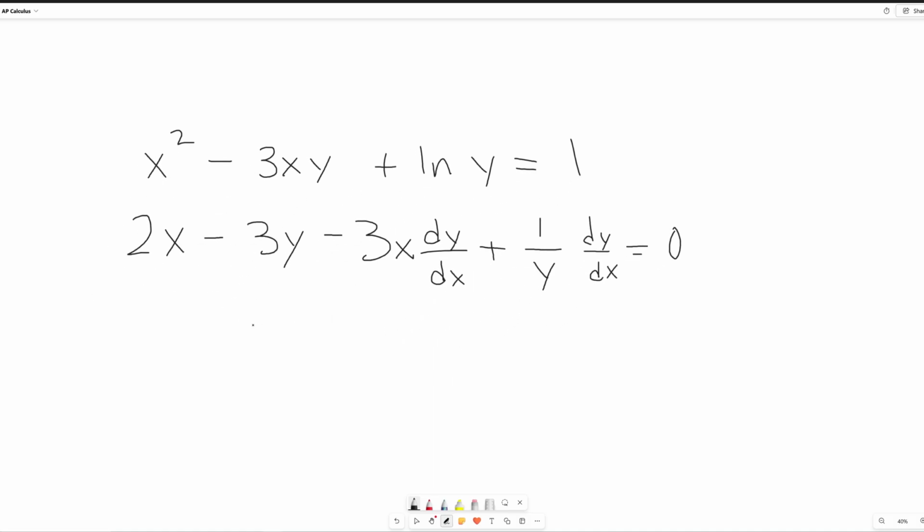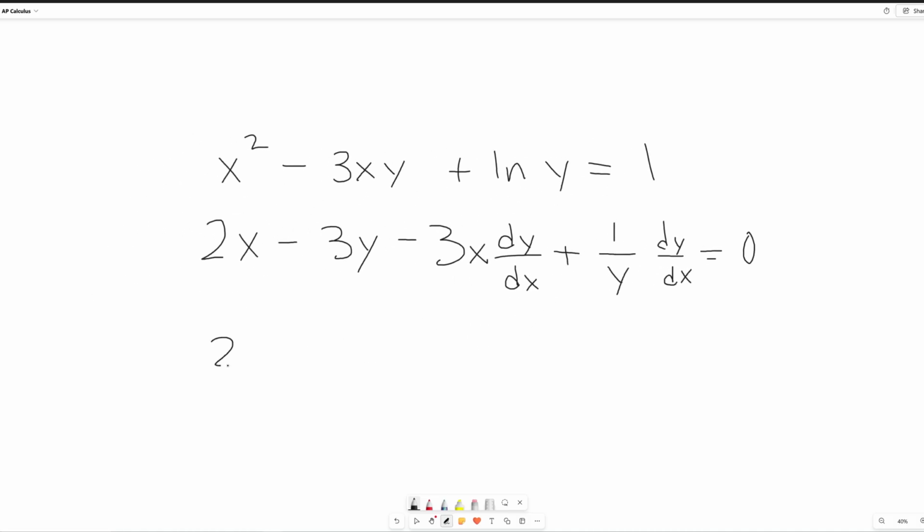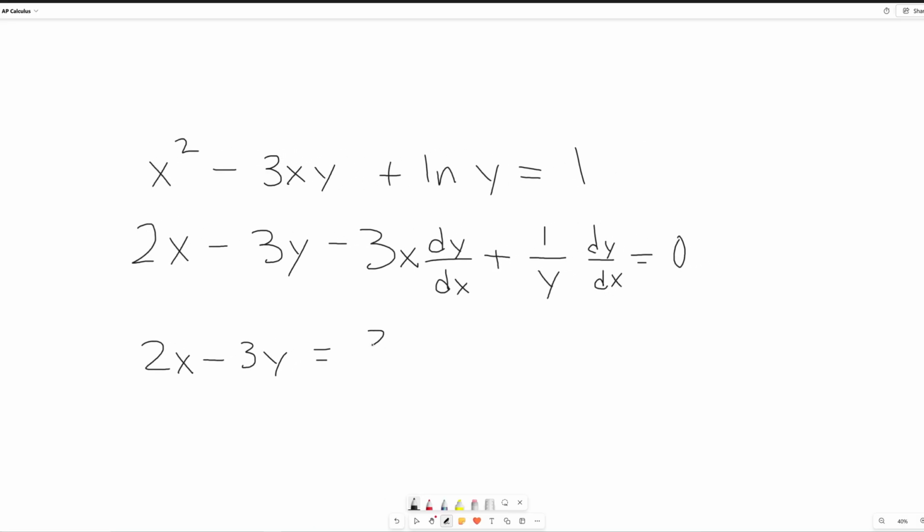Now, we have 2x minus 3y equals 3x dy over dx minus 1 over y dy over dx.